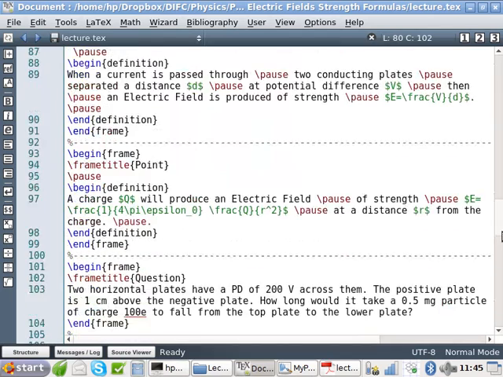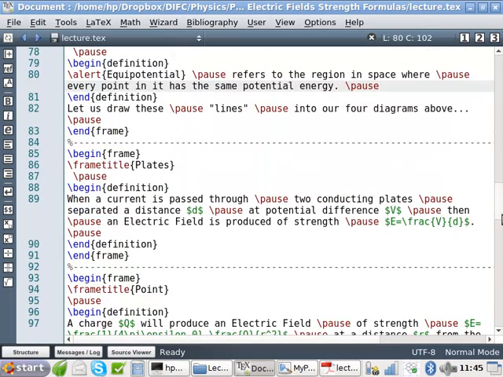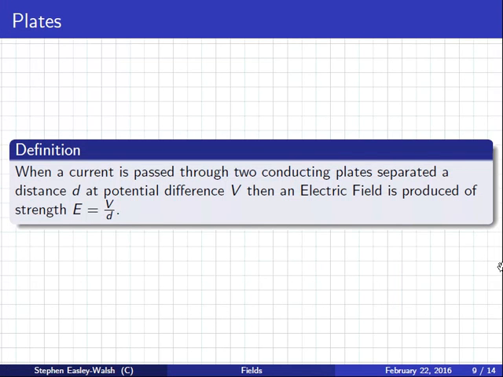So, when a current is passed through two conducting plates separated by distance d at potential V, then an electric field is produced. Oh no, the English I guess is okay. Are we going to use this formula? Oh yes.